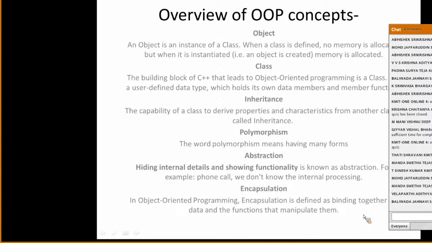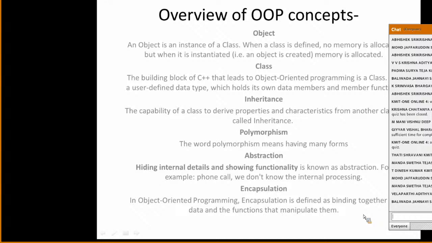So class is the basic building block of your object-oriented programming, which does not contain any memory. Whenever you work with a class, it does not have any memory in it. It is a user-defined data type which holds its own data members and member functions.